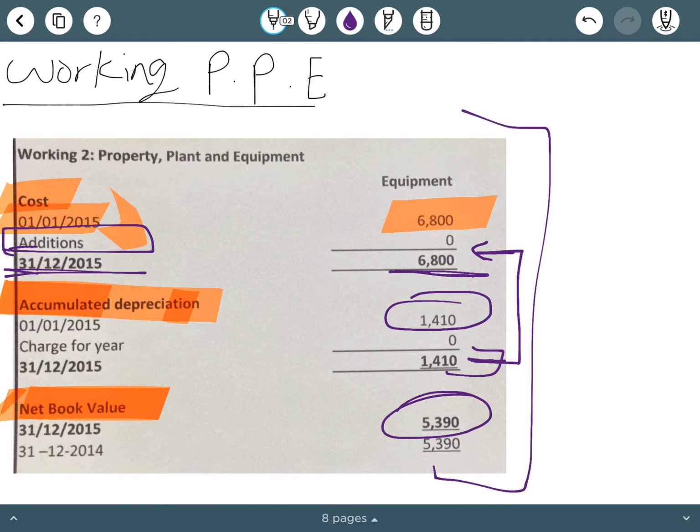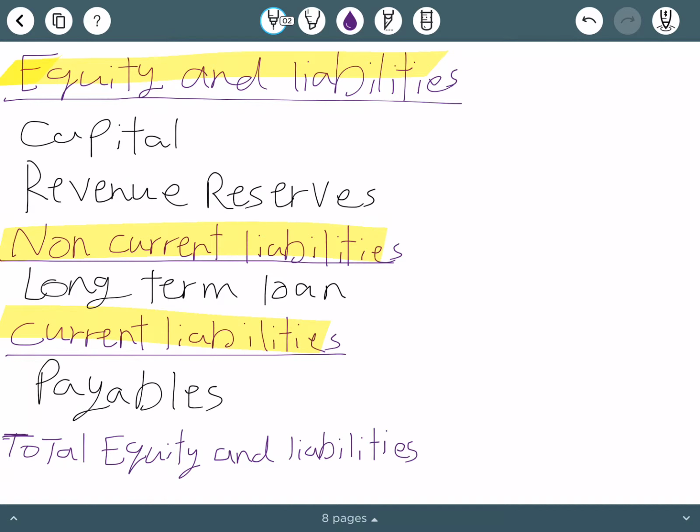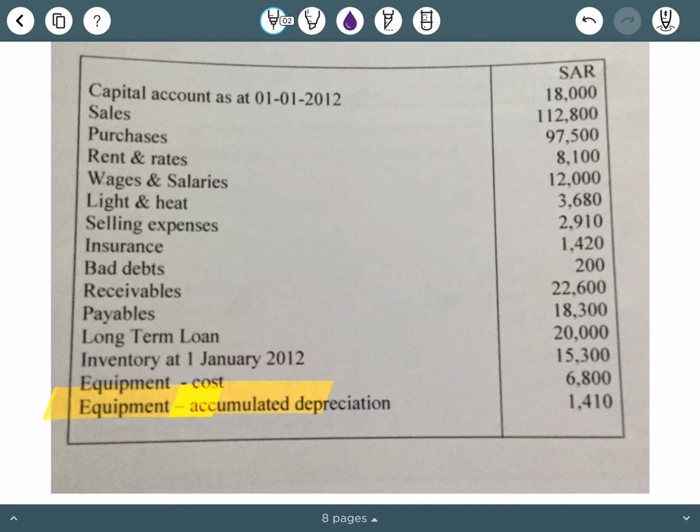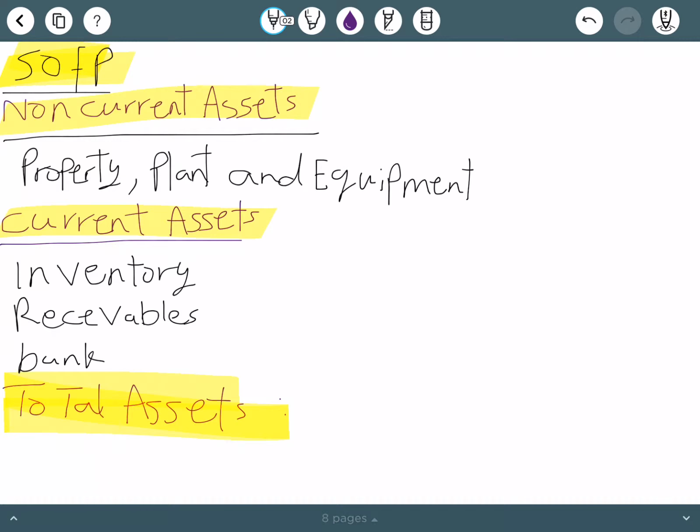So we got these two numbers from the trial balance here, 6,800 and 1,410. So you just want to write this down as the net book value, which is 5,390. So always you write the net book value.